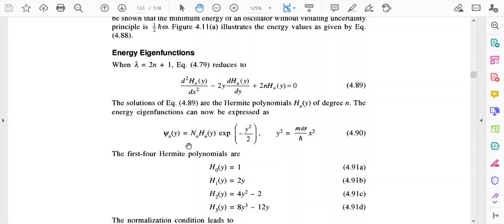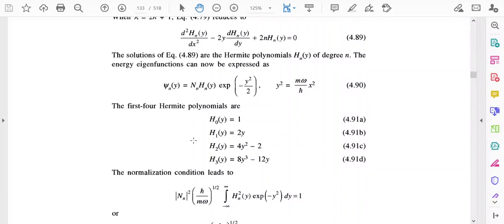Now we have to evaluate this constant term from the normalization condition. We know how to normalize a particular wave function.